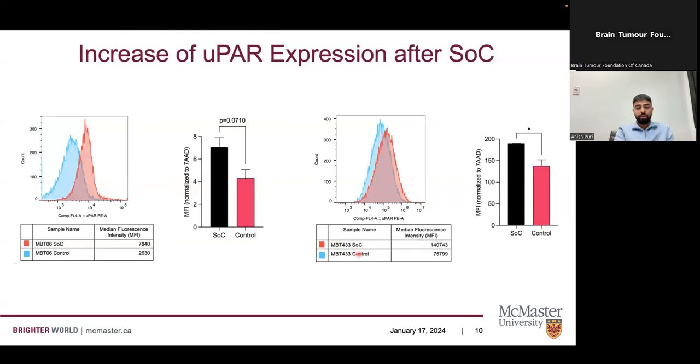And a similar thing in MBT433, you see a significant difference in uPAR expression in the standard of care treated arm of this experiment. So it appears as if uPAR expression is increasing after standard of care, and this was consistent with what we originally saw with the BT594, BT972 differential proteomics.